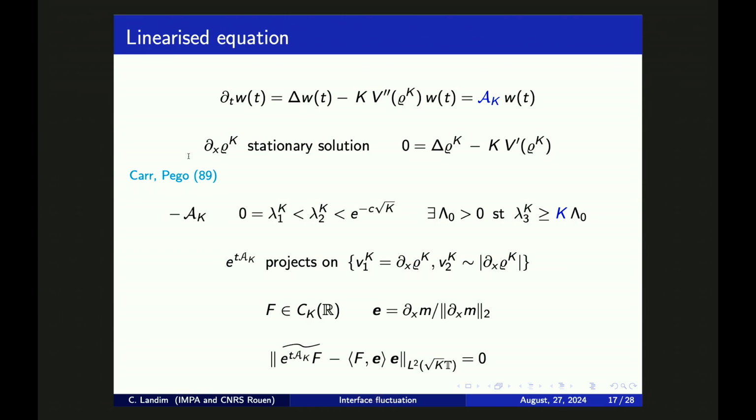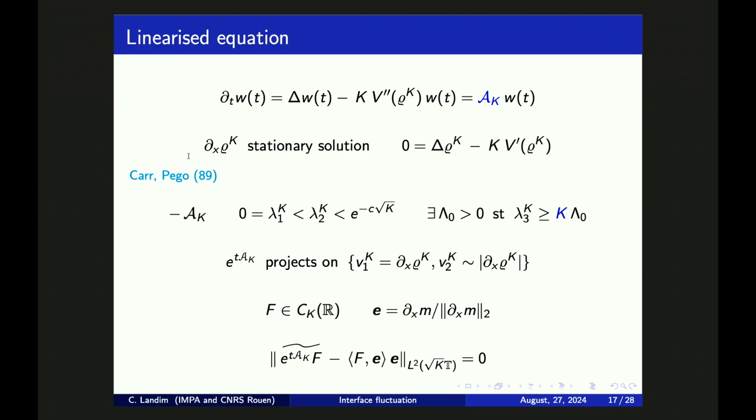So what appears here is this equation. Let me call A_k this operator which appeared. It's the Laplacian of W minus k V second of rho k, which is the stationary solution.